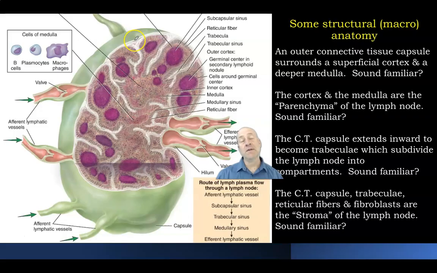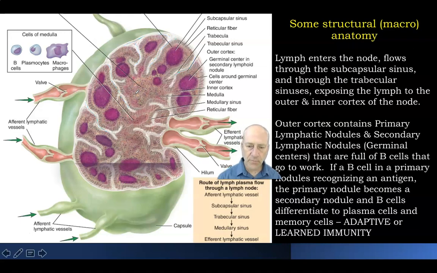And then, we've seen this before too. These are points that should be familiar. Here's the connective tissue capsule. Oh, look, it's diving down into the core of the lymph node as trabeculae. Trabecula, single; trabeculae, plural. In it goes, diving down and making these divisions, dividing the lymph node into various sections.